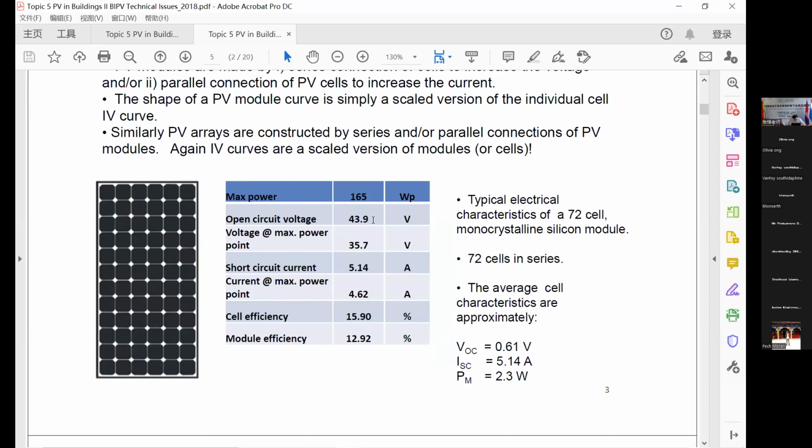Open circuit voltage is the maximum voltage, but it normally has no meaning for power, because at the open circuit voltage the current is 0, so the output power is 0. The voltage at the maximum power point of this PV module is 35.7.